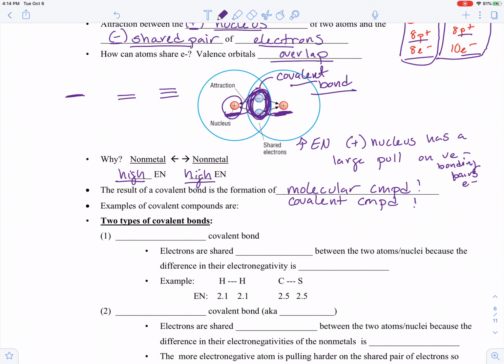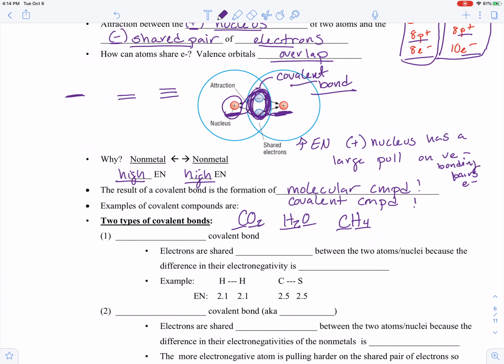Examples of covalent compounds are things like CO2, because these are 2 nonmetals bonded together. H2O, those are 2 nonmetals bonded together. What's another really quick one? Let's do methane, which is CH4. Again, those would be 2 nonmetals bonded together.